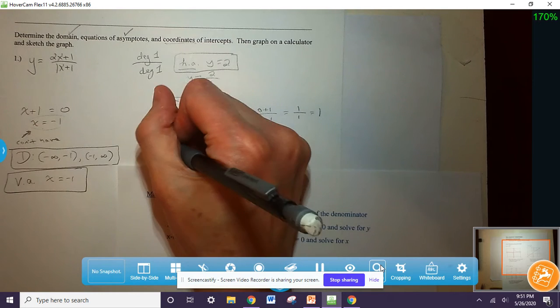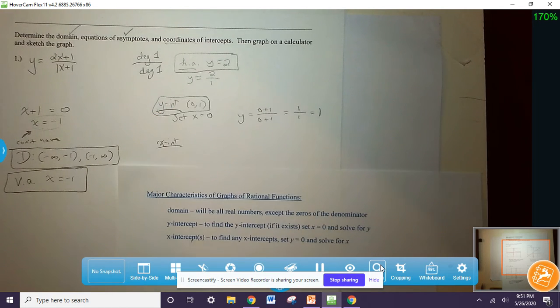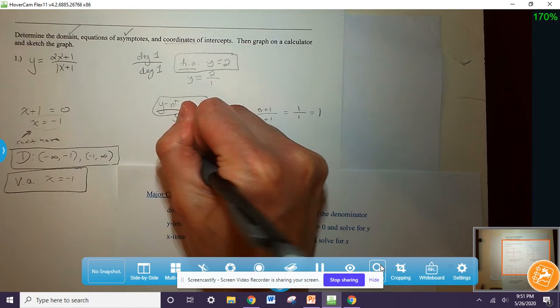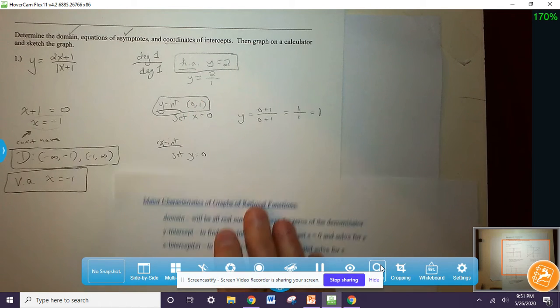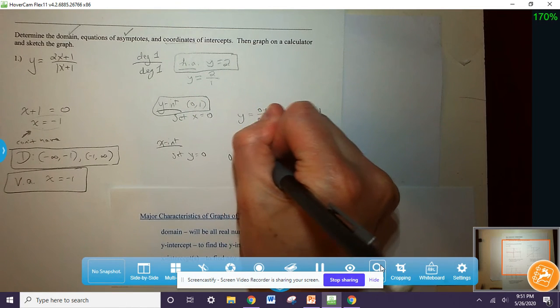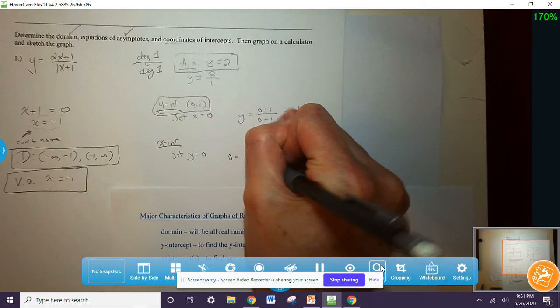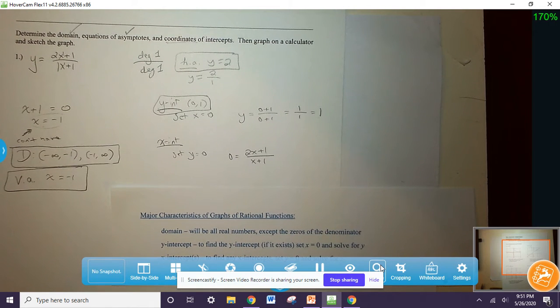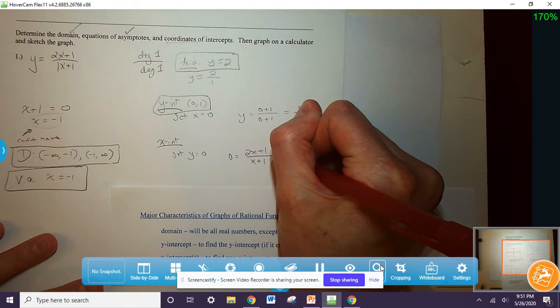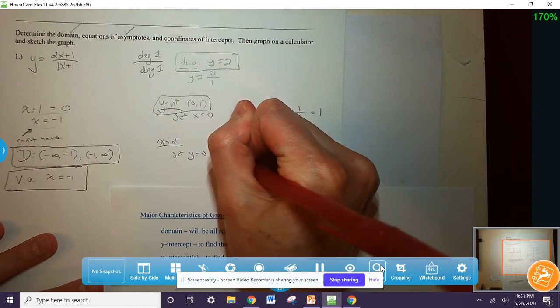And then for the x-intercepts, we're going to set y equal to 0 and solve. What happens when you set y equal to 0 is you have a rational equation. So to solve, we would multiply both sides by x plus 1.